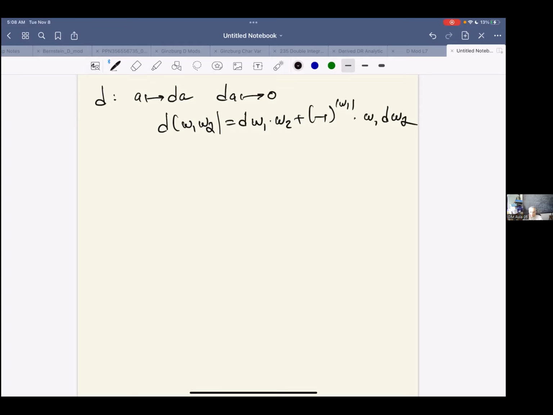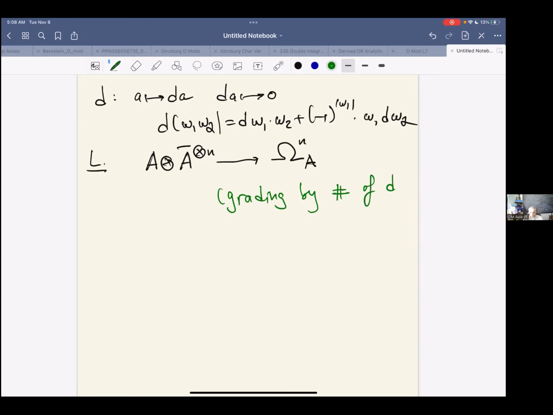Differential graded algebra, this is how it is defined. Okay, and a small lemma says that there is a natural map, and again, grading is of course by number of days.